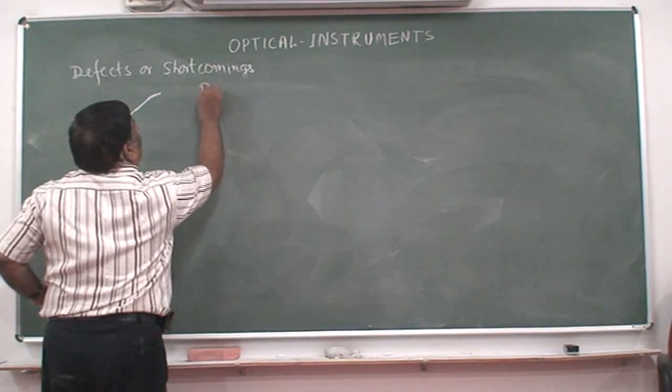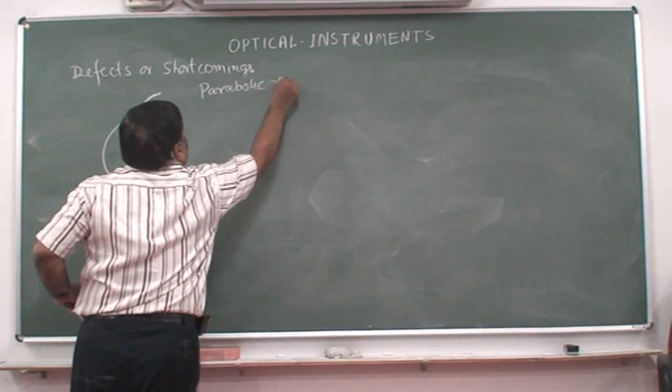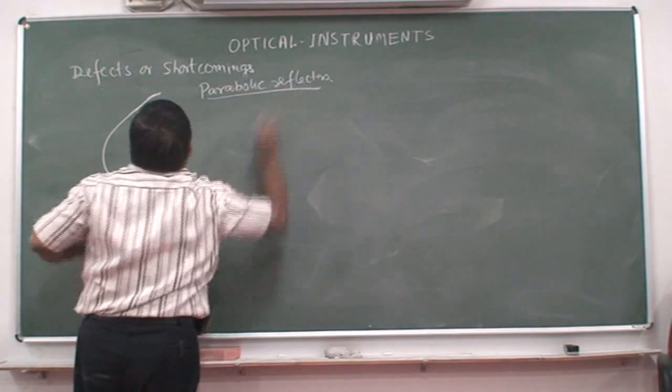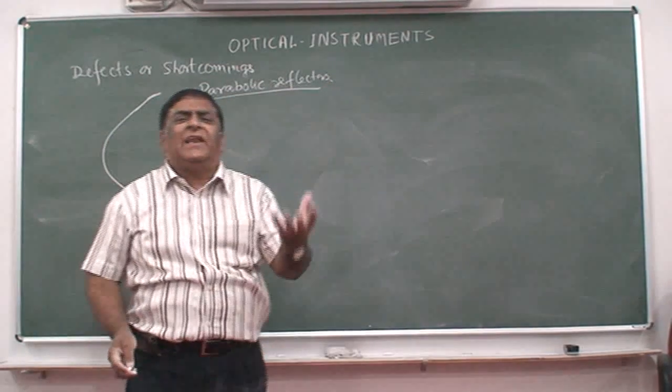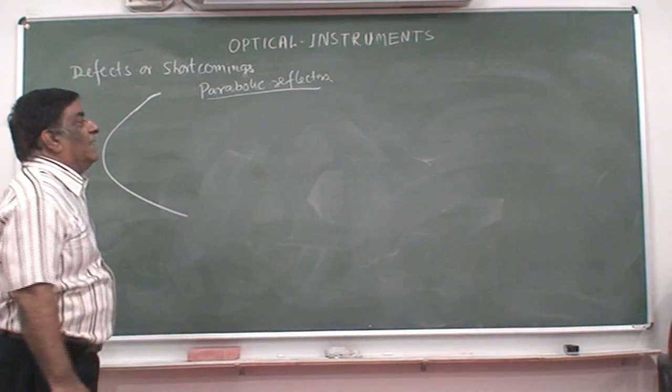So we call them parabolic reflectors. You might have seen their weight, very lightweight. In a parabolic reflector, there is a polish inside.